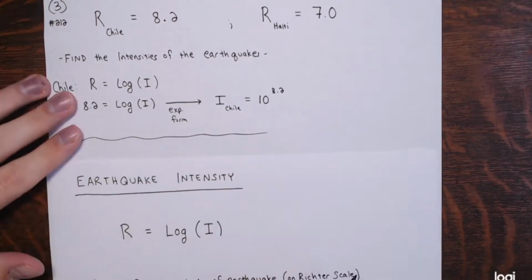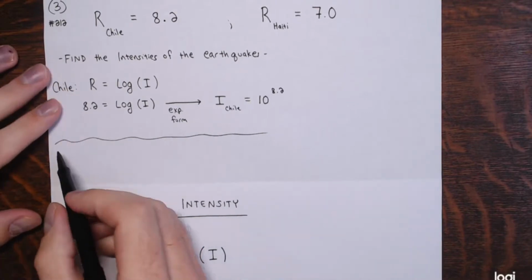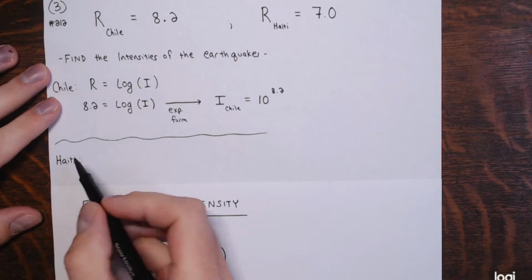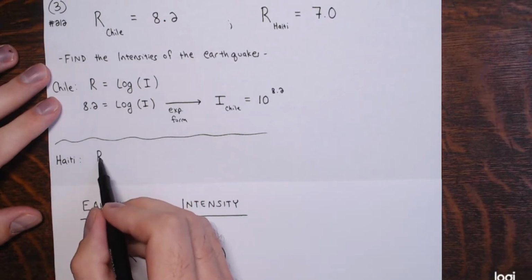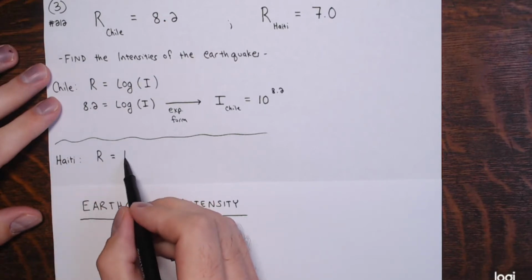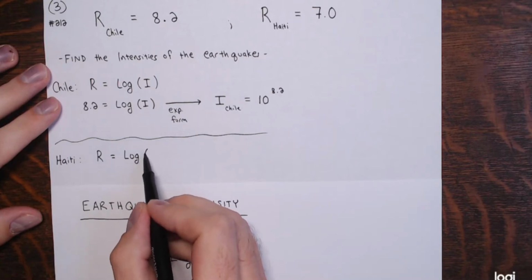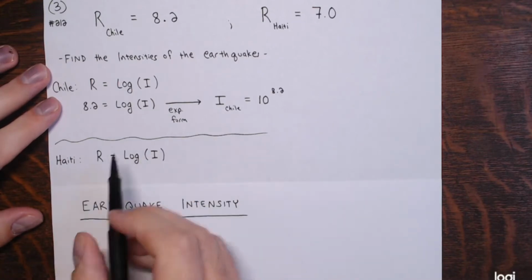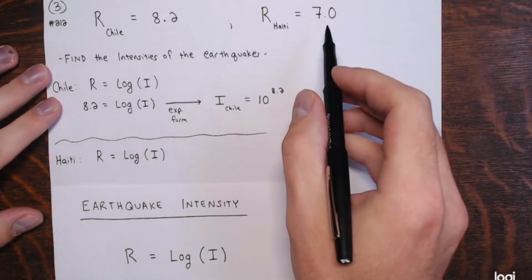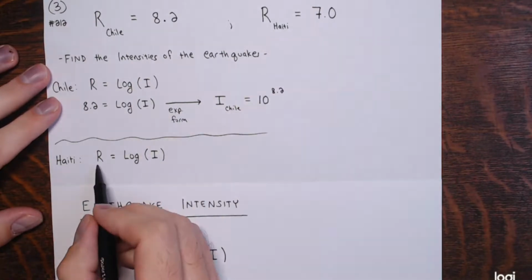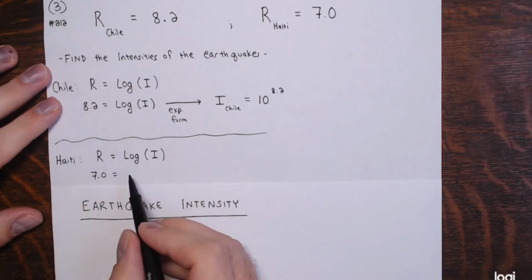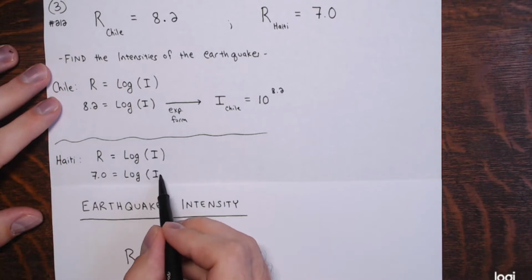So let me get this out of here. I'll lower it a little bit. Right, so for the Haitian earthquake, again, same formula, right? The magnitude of the earthquake is equal to the log base 10 of the intensity of the earthquake. The magnitude was given to us. They said it had a magnitude of 7.0 on the Richter scale. So 7.0, or just 7 over here on the left side, equals the log of the intensity.